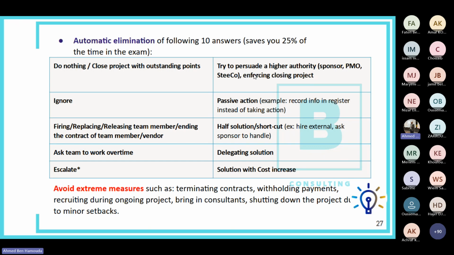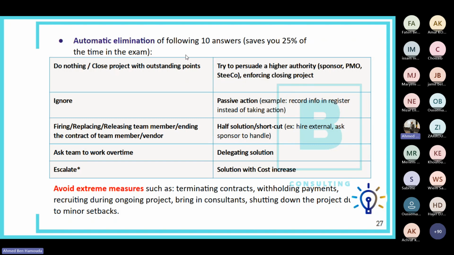So you go ahead and you tell them no, or for example, one of the answers says you proceed with project closure anyway. So that's a wrong answer. You don't proceed with the project closure anyway if the customer is not agreeing. So actually, you don't enforce closing the project.